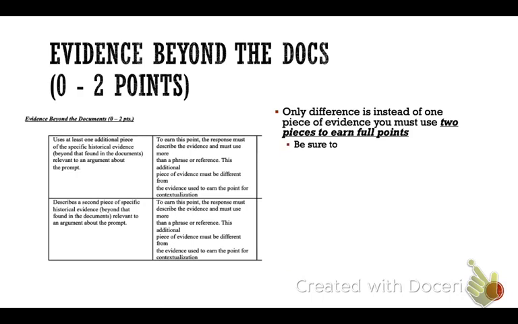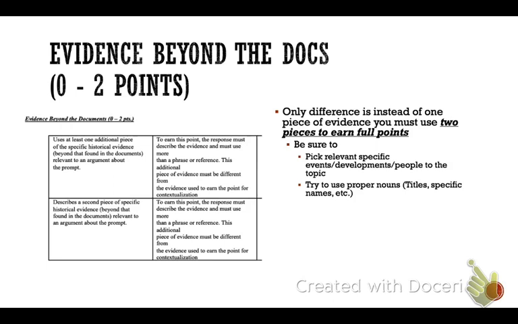So a couple things to remember here. Right? So be sure to pick evidence that is relevant to the topic, right? It's not just randomly picking something from a hat and trying to wedge it into your essay here. Make sure it's a relevant event, development, person, idea to the topic. Second, try to use proper nouns whenever you can.